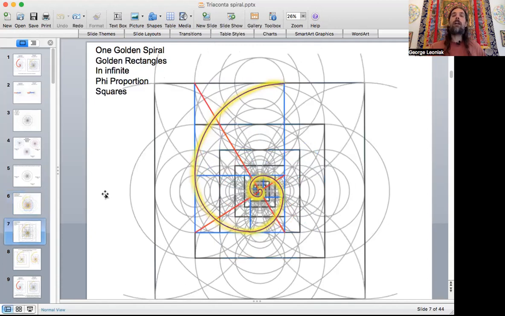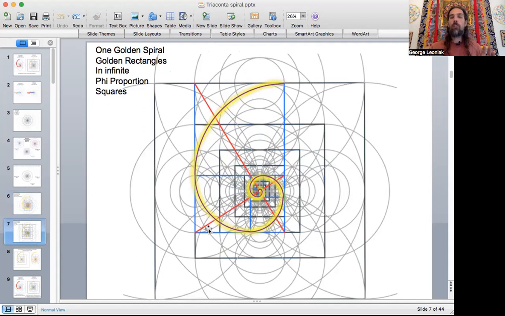Now, I took out the tricontahedrons because I really wanted to just see how those squares are successively getting smaller. Let's just say in this image, they could be getting larger too, but they're continually getting smaller, and they're following this golden ratio scaling. And these golden rectangles are actually following the progression of these smaller and smaller squares.